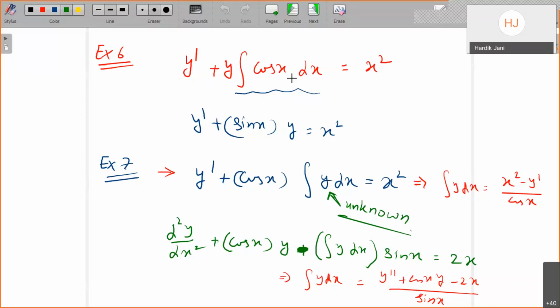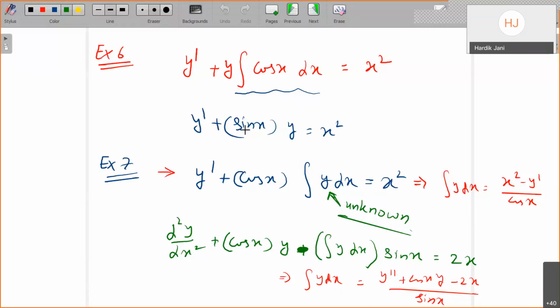See, in example 6, only if you feel there is a requirement do you have to do it. If there is no requirement, then we should not do it. We want to make it as simple as possible, in simplified form, and we don't want to make our life hell. Solving a first order differential equation is rather easier than solving a second order differential equation.